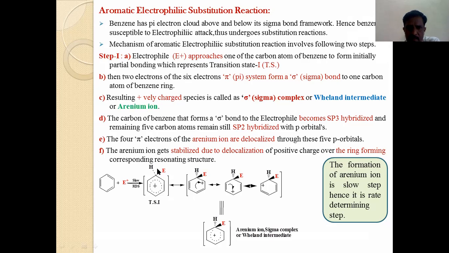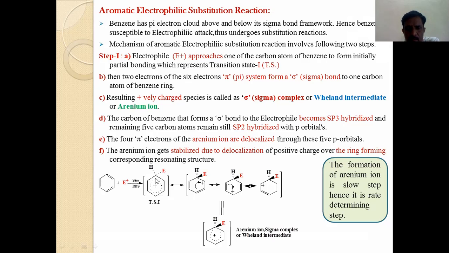Now what happens in this case? There are 6 pi electrons, 2 plus 2 plus 2, and out of these 6 pi electrons, 2 pi electrons are utilized to form the bond between the ring carbon and electrophile E. Out of 6 pi electrons, 2 pi electrons are consumed to form the sigma bond between the ring carbon and electrophile.